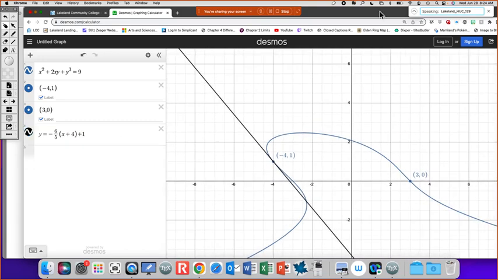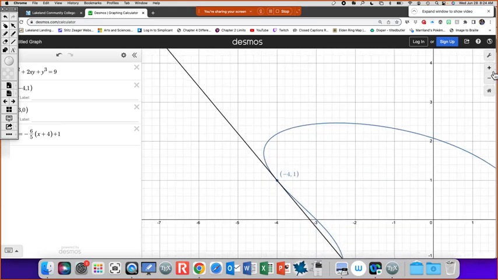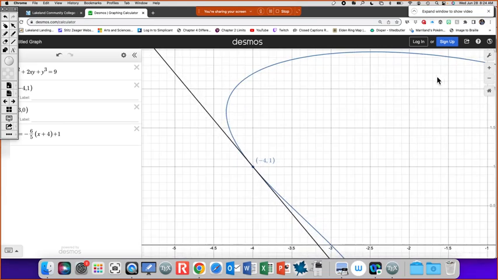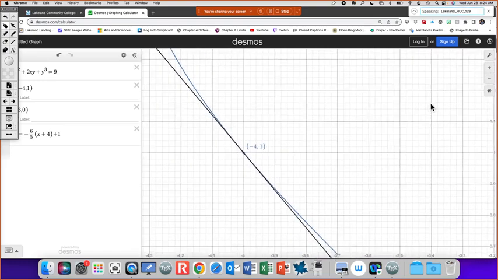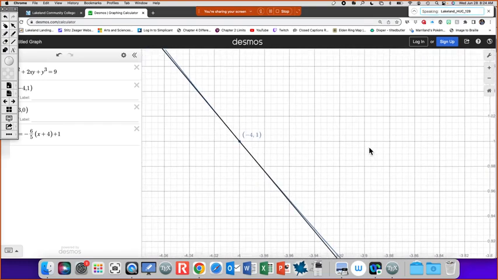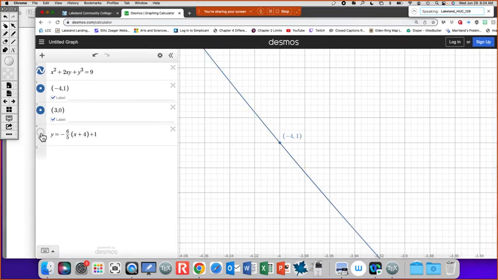And look at that. So look what happens as I zoom in near the point (-4, 1). Can you tell the difference between the line and the curve? So that's your local linearity. Make sense or not, folks?